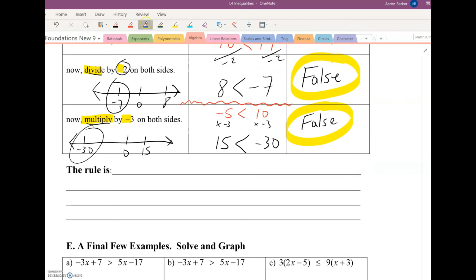The rule is: if we multiply or divide by a negative number, then the sign needs to switch directions.